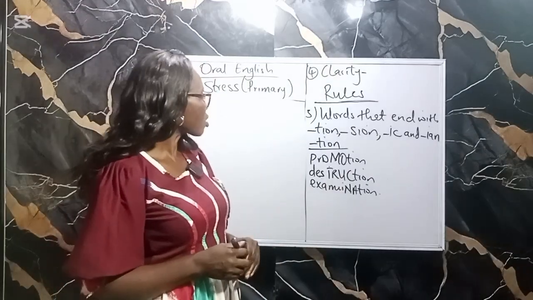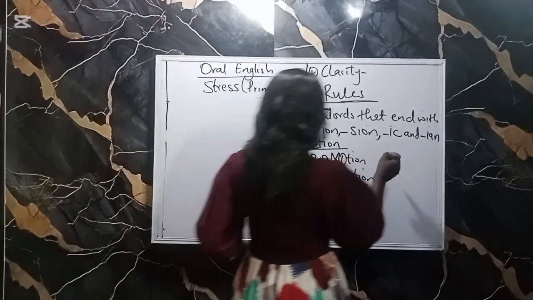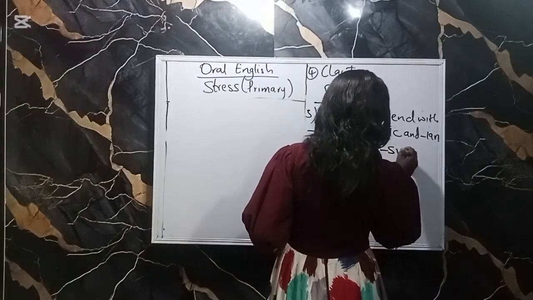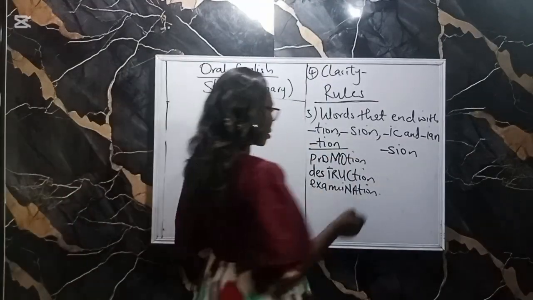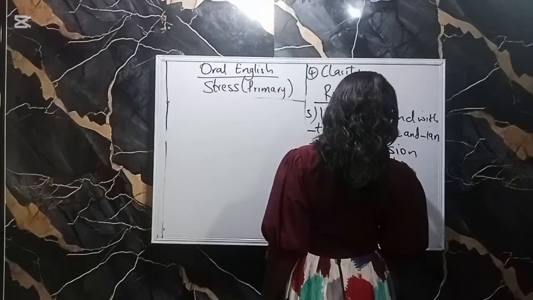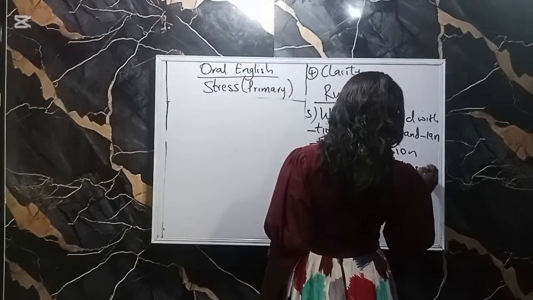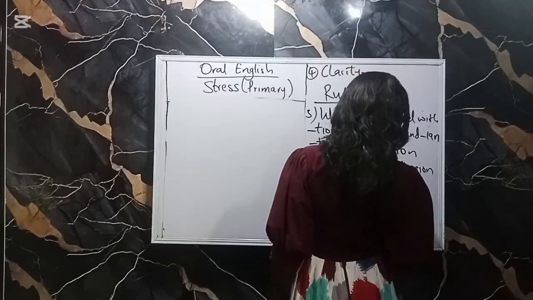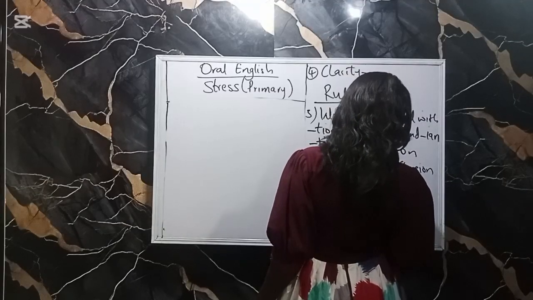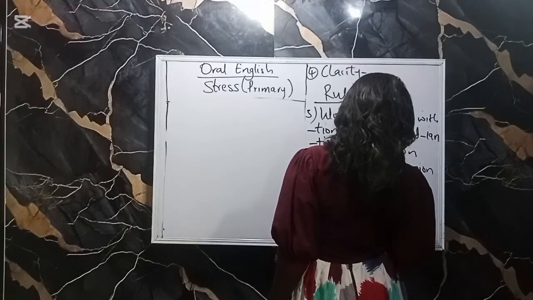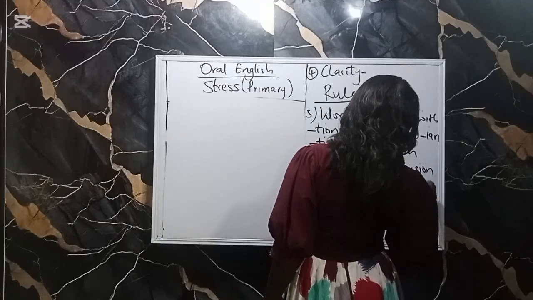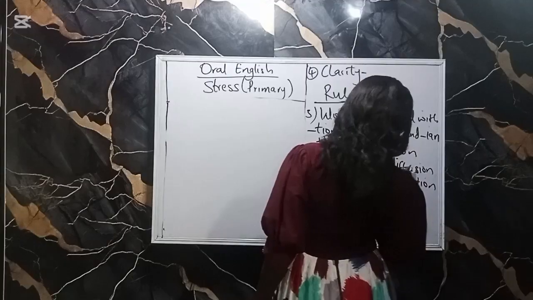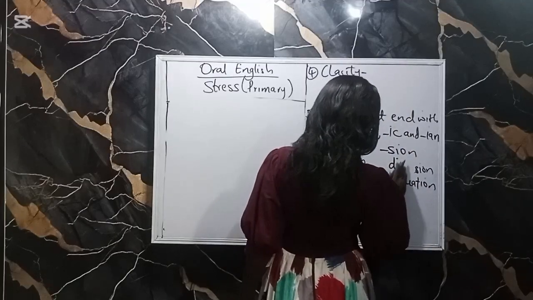Alright? So let's go to the second one, which is sion. What are the words that end with sion? We have diffusion, persuasion. Let's put the ones that are supposed to be in capital letters.